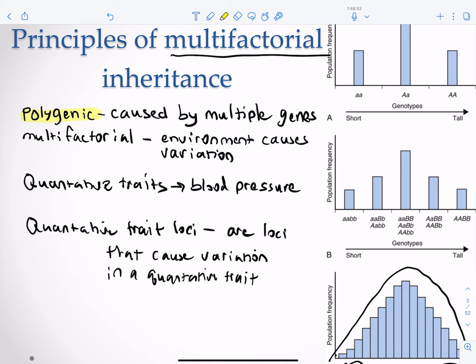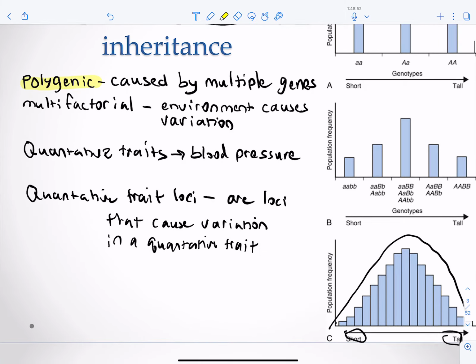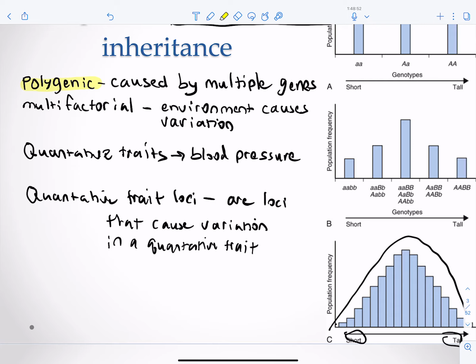Quantitative trait loci are those genes that cause variations in these quantitative traits. In this case, we have short versus tall, with a normal distribution in the population, meaning some people are on the extremes of both ends, some very short, some very tall, but most people fall in the middle.